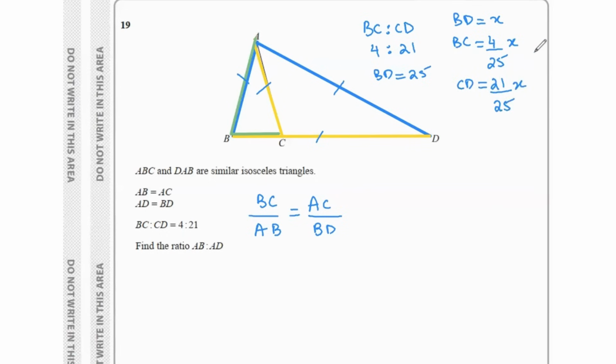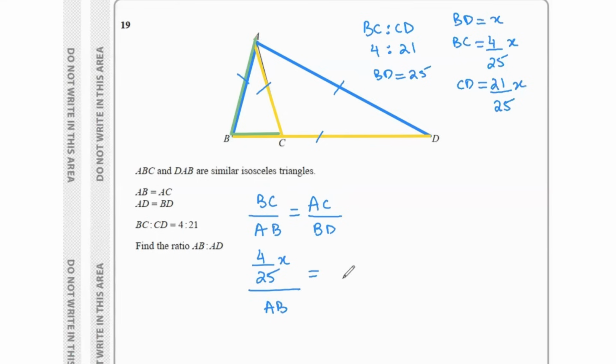Okay. So I'm going to substitute these into the equation that we've created. So BC is 4 over 25x, and AB, which is the same as AC, that's going to come as it is.